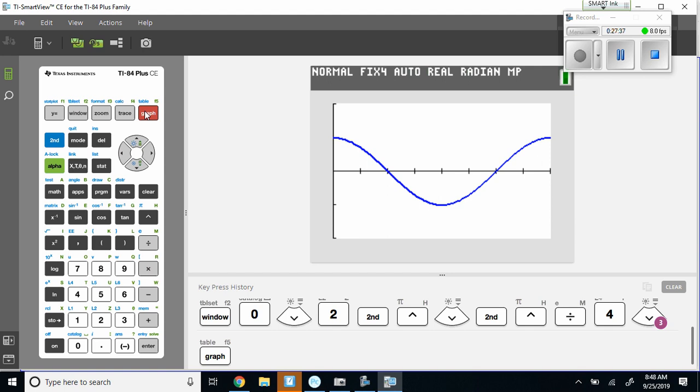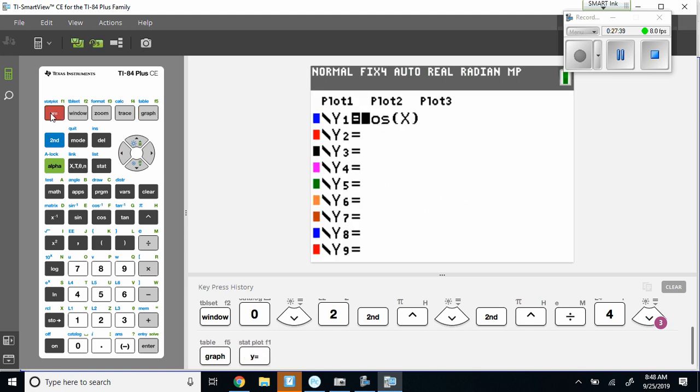So let's go back to y equals. Let's go down to y2. I need you to type in exactly what is there on number 1. Do you understand? You can put 1/2 in parentheses, 1 divided by 2, okay?